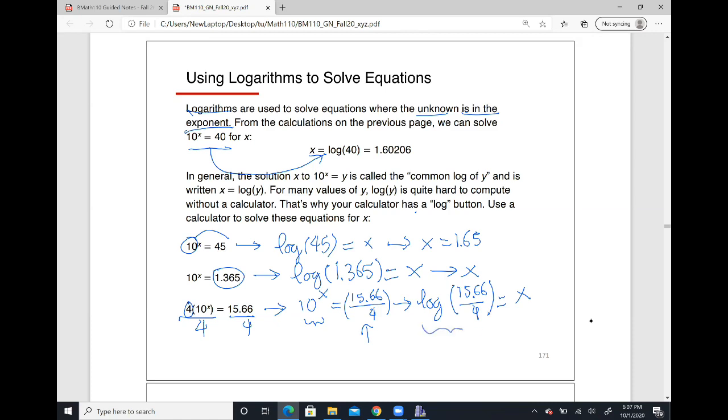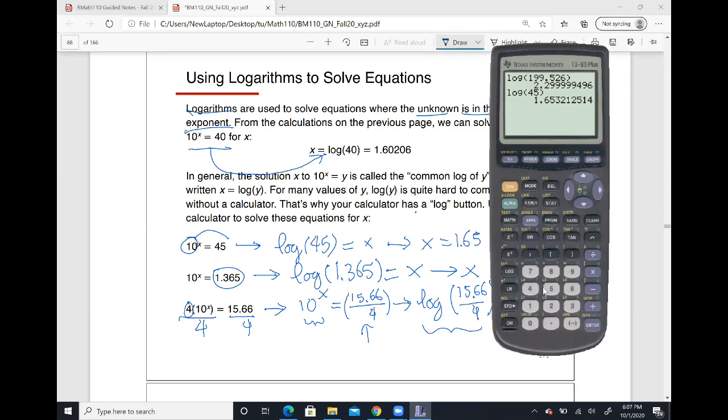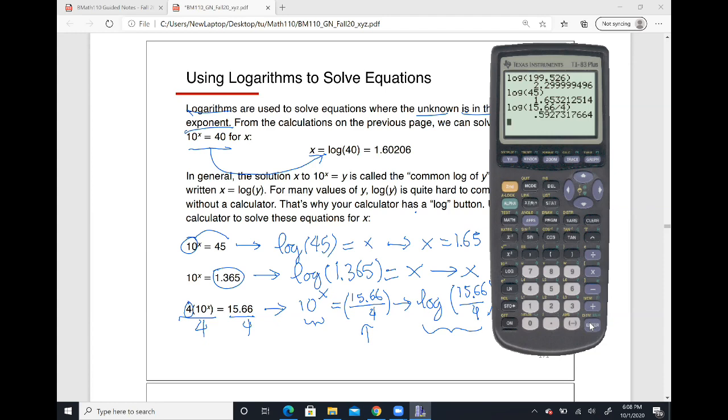If you have a TI-83, it's gonna be log of 15.66 divided by 4, close the parenthesis, and press Enter, and that's gonna be it.